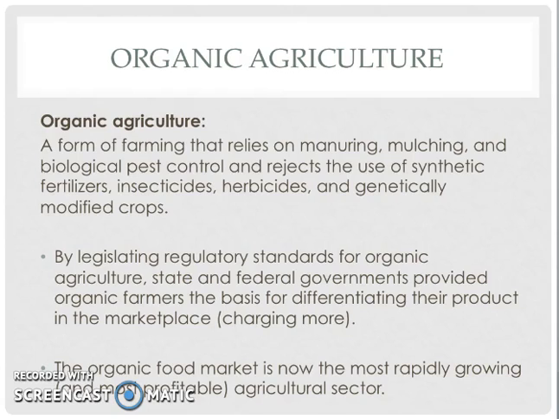This often leads to charging more. However, that's more aptly regarding the true cost of food. The organic food market is now the most rapidly growing and the most profitable agricultural sector. It greatly helps in reducing greenhouse gas emissions associated with conventional agriculture.